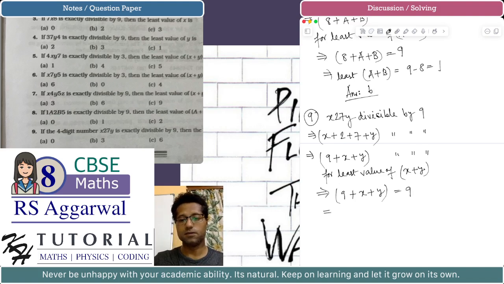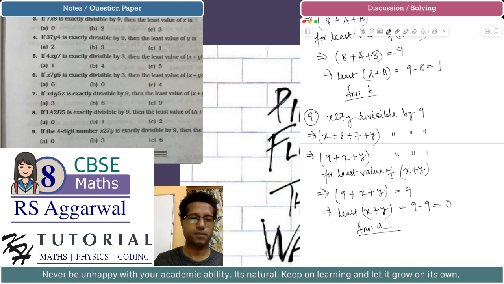So the least value of x plus y, so that the given number is divisible by 9, is equal to 9 minus 9 equals 0. So the correct choice is A.